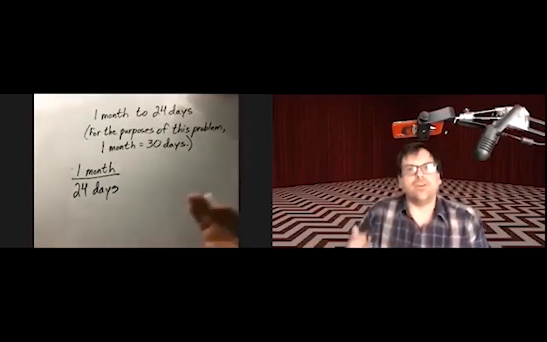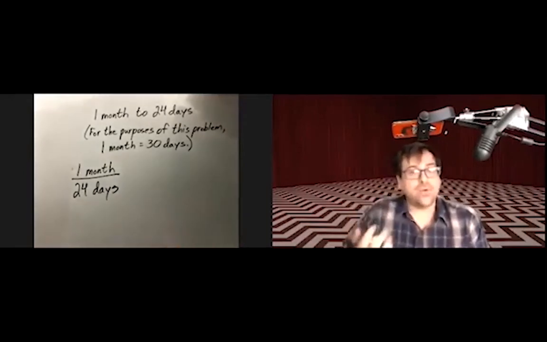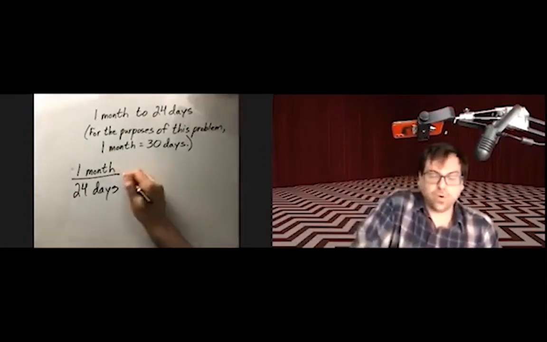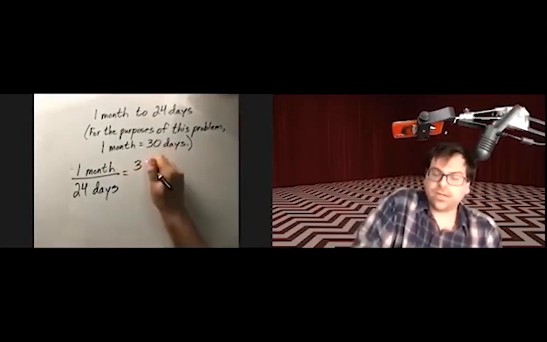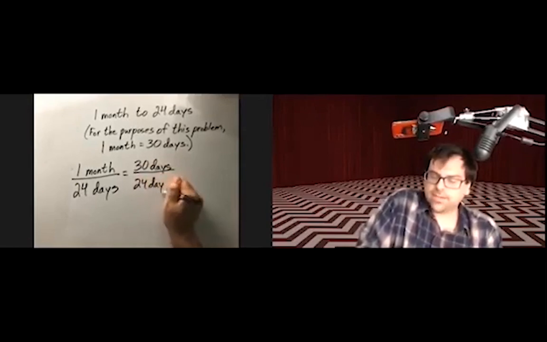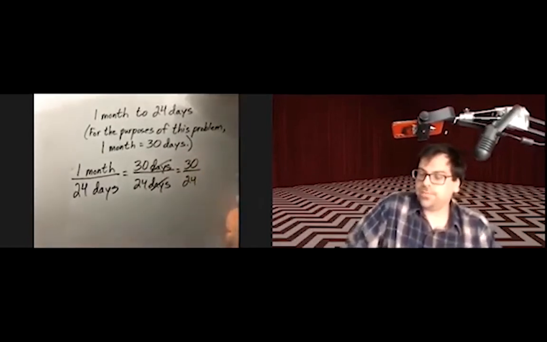We would need to convert one of the things we're given so that they do have the same units. So instead of 1 month, we would replace that with our given 30 days. We'd have 30 days over 24 days. And now days cancel. And now we're dealing with 30 over 24.